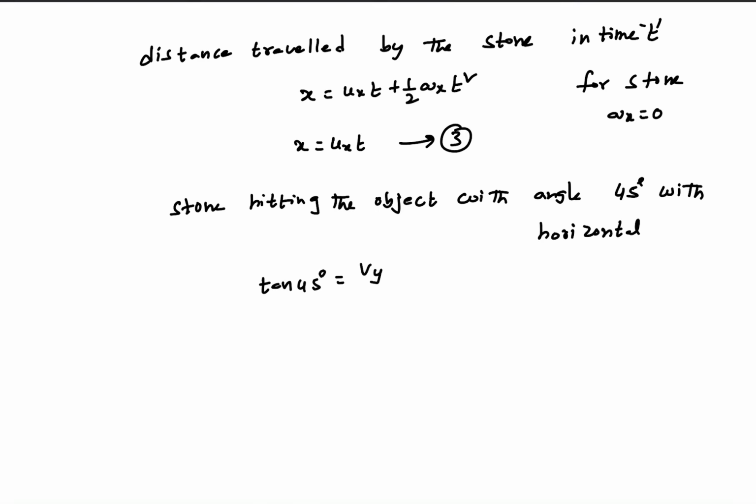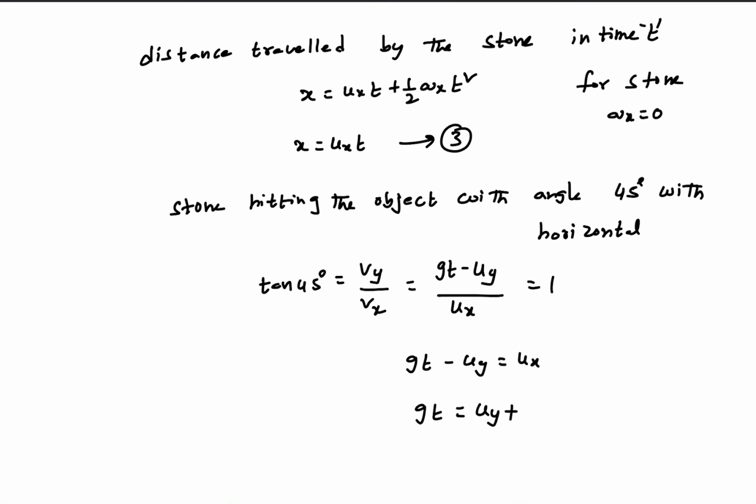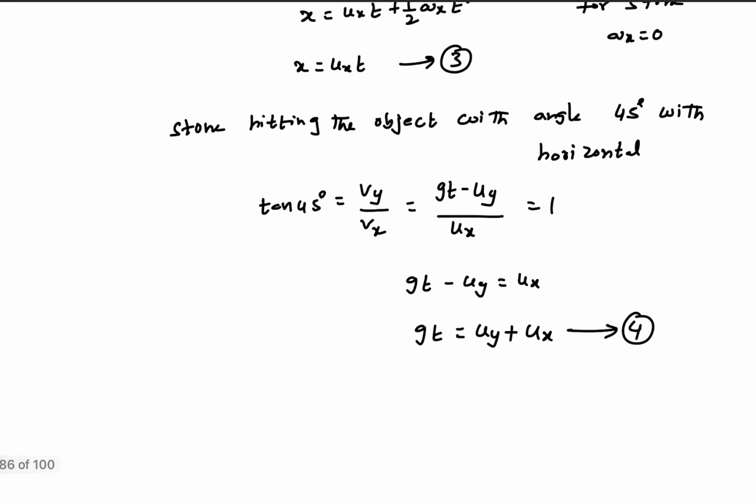So you can write tan 45 degrees is equal to Vy divided by Vx. Vy value is Gt minus Uy, Vx value is equal to Ux. As tan 45 degrees is 1, we can write Gt minus Uy is equal to Ux. Gt is equal to Uy plus Ux. Let us consider this is the fourth equation.